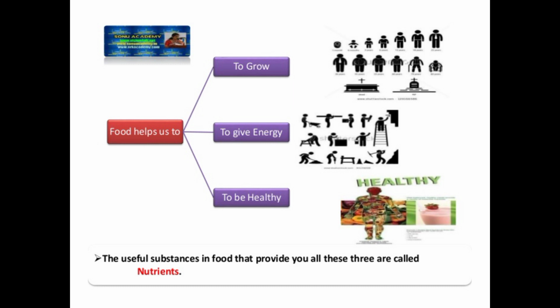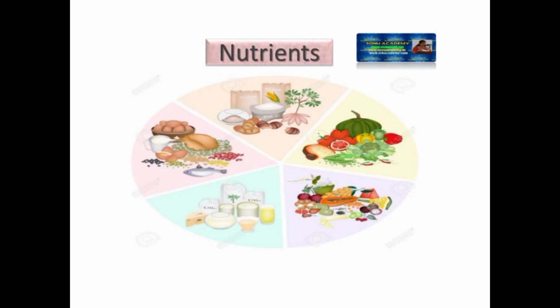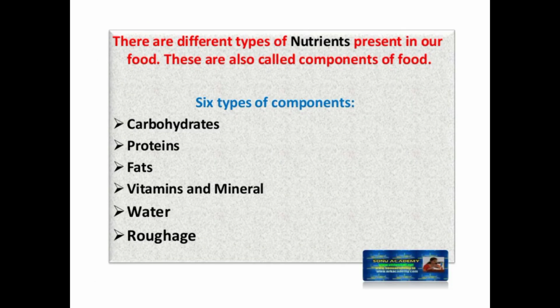Nutrients are the useful substances present in our food that help us to grow, give us energy, and help us to be fit and healthy. Nutrients are of different types.